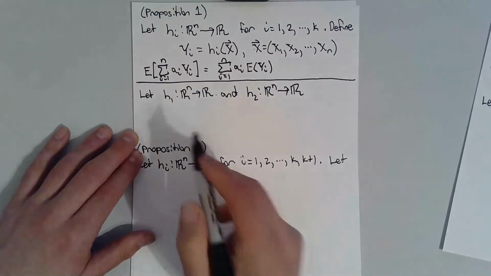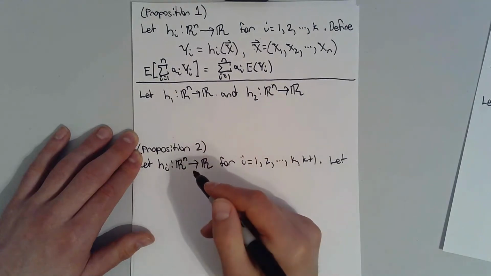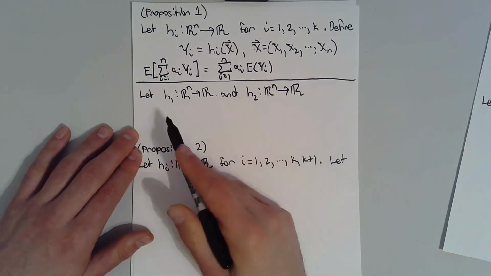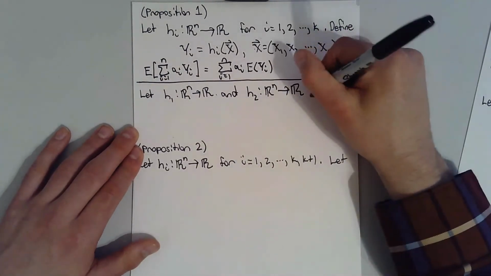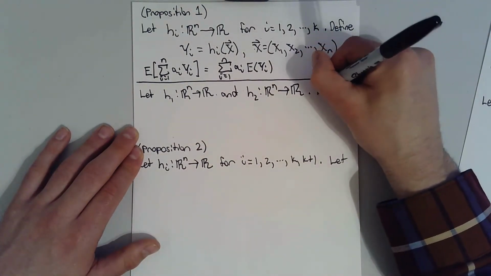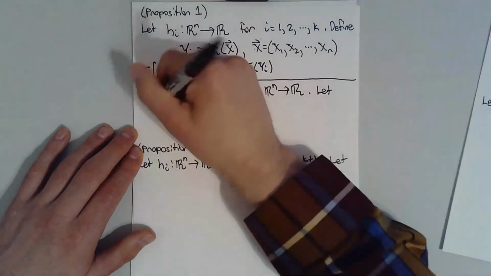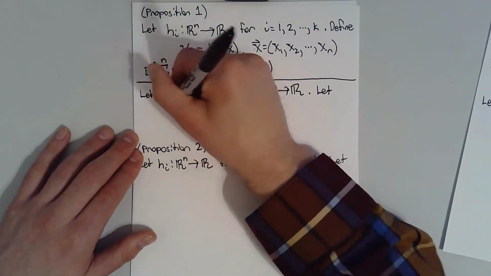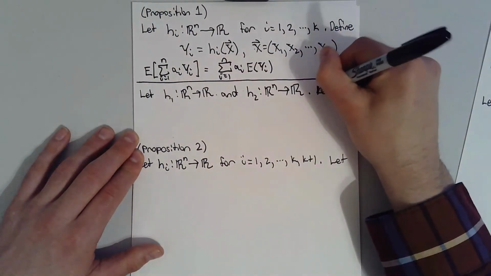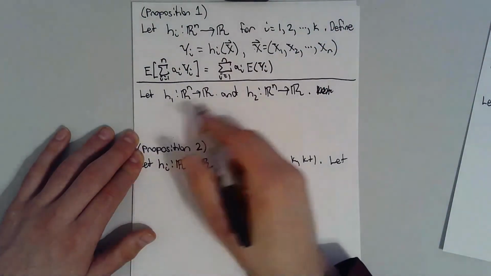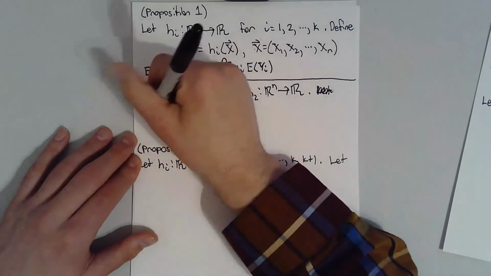So let's just consider the case where we have two scalar functions given like so, h1 and h2, just like how we defined up above. So we have these two scalar functions. We can define the following.